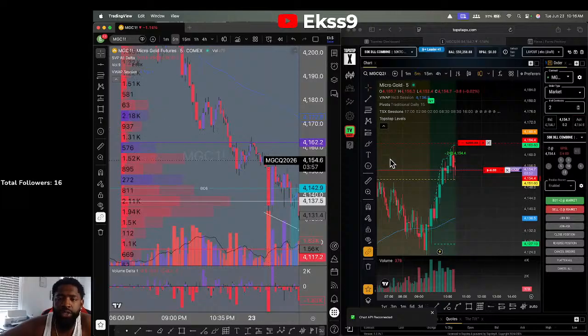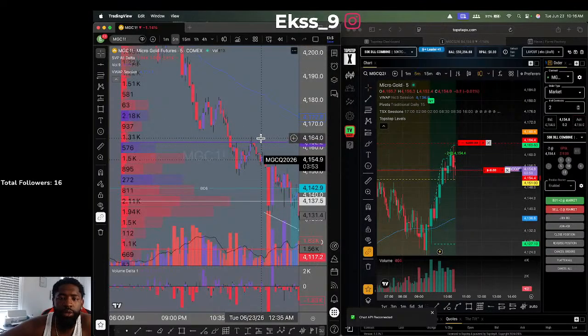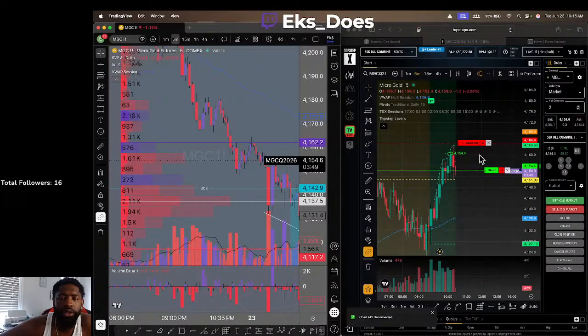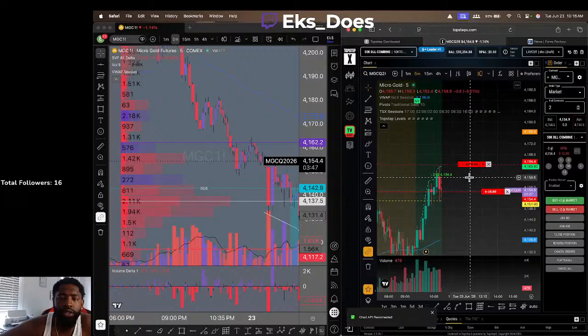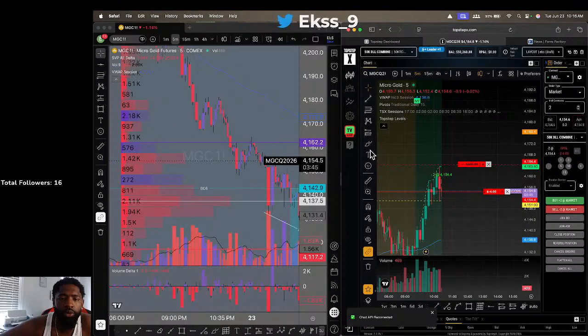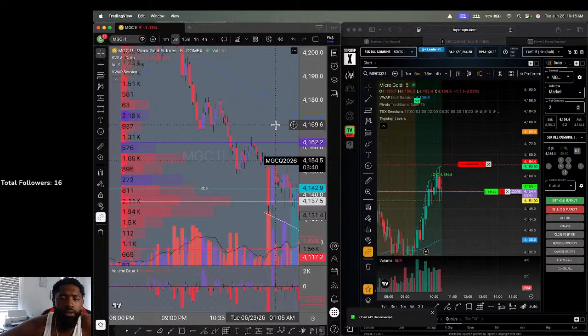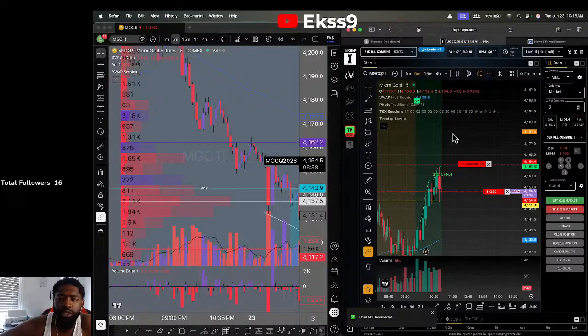That's 10 points because I got 2 contracts, right? So 10 more points will put me at about risking 400. So risking 400 will put me at 4172. So let's look at that here.